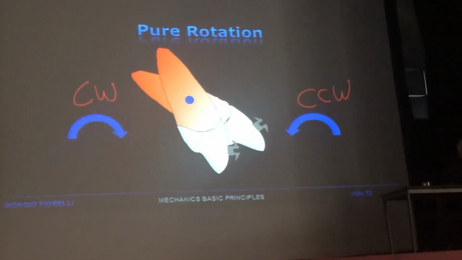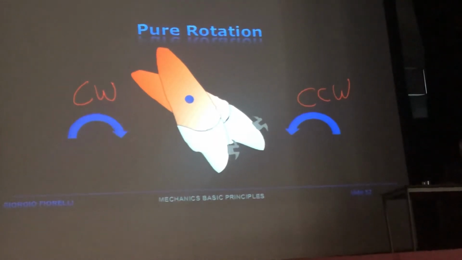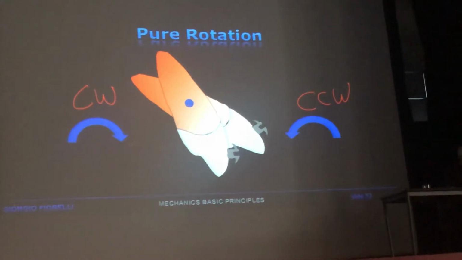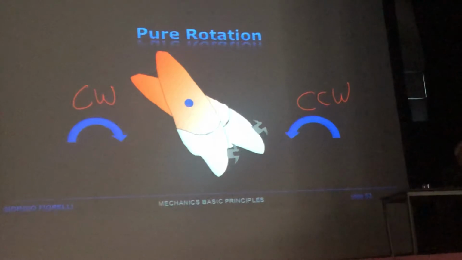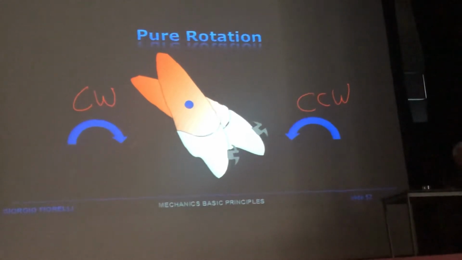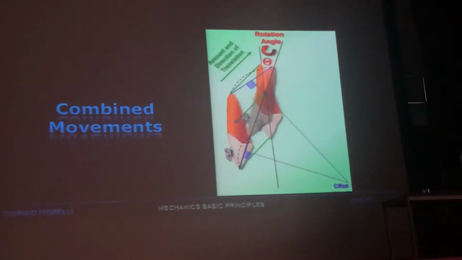That's quite complicated to visualize and also to compute, but for us it's better that we stay with this. So on this plane we have this rotation that can be clockwise or counterclockwise, and we analyze things on another plane. And then there are combined movements.